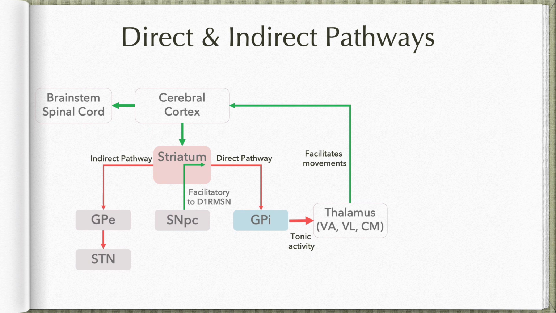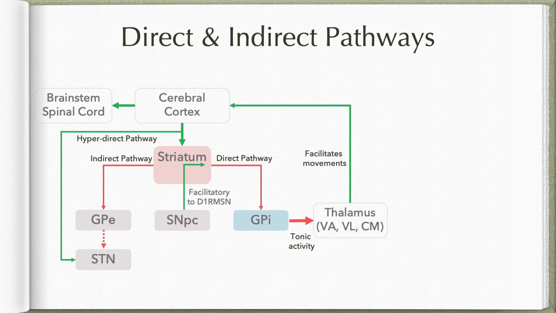So the striatum will project to globus pallidus externum. Because this is an inhibitory output, the globus pallidus externum is now inhibited, so it will disinhibit the subthalamic nucleus. The cerebral cortex will also send direct output to the subthalamic nucleus, which is through excitatory glutamatergic fibers. So this is known as the hyperdirect pathway.